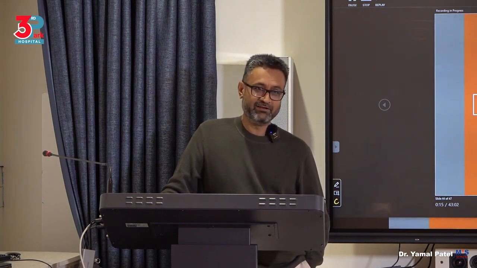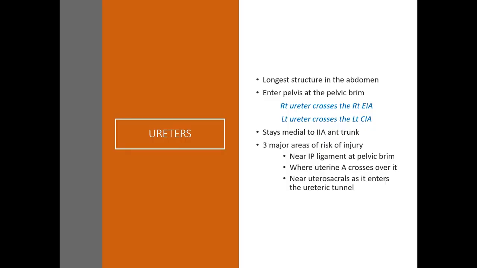So this one is what we should take care of very carefully. Okay? Don't fight with mother-in-laws. All right? So it's the longest structure in the abdomen. It enters the pelvis at the pelvic brim. It crosses differently from the left and the right. I told you the right crosses over the external iliac, the left crosses over the common iliac, remember?